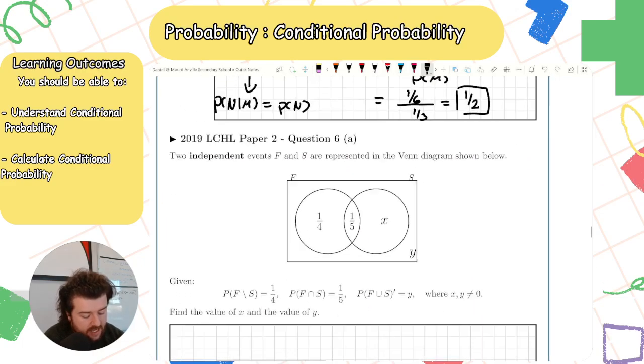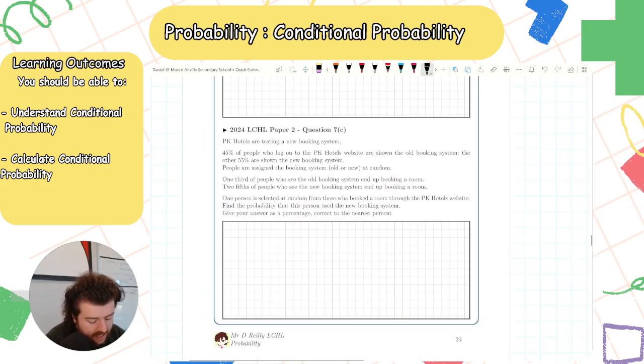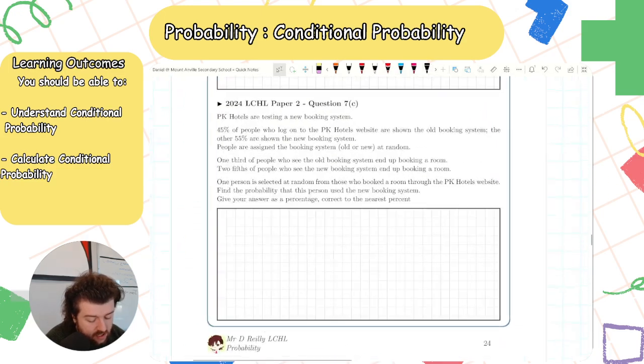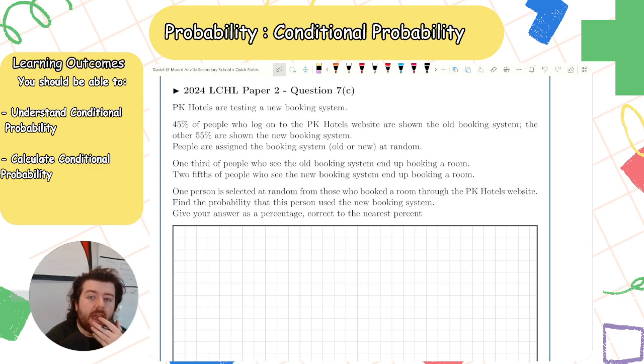Okay, let's just look at one more example here. This is from 2024. So this one's a bit tricky. So PK Hotels are testing a new booking system. 45% of people who log on to the PK Hotels website are shown the old booking system. The other 55% are shown the new booking system.